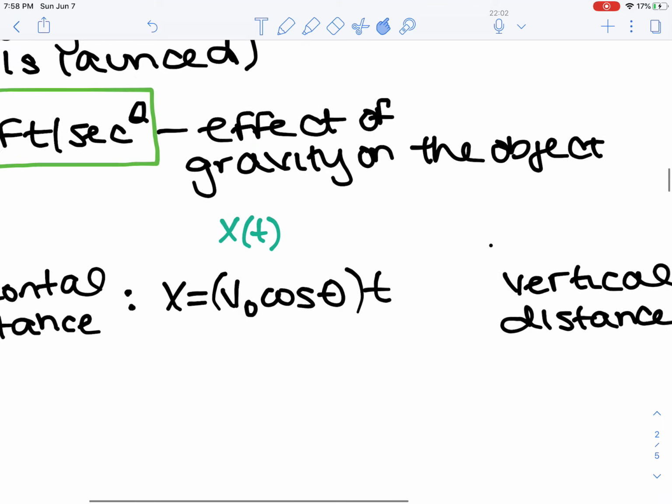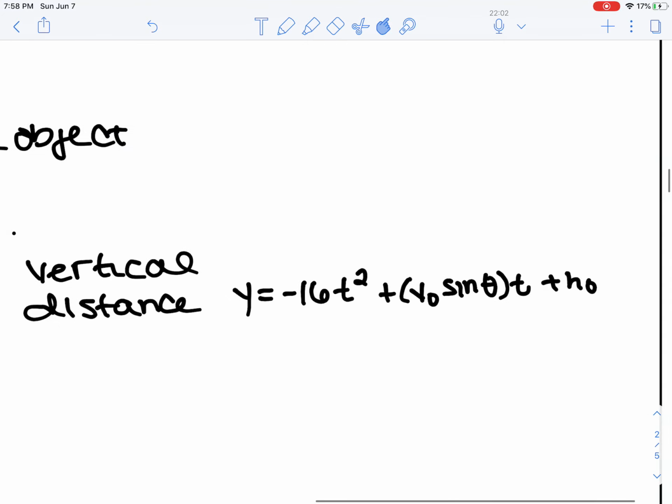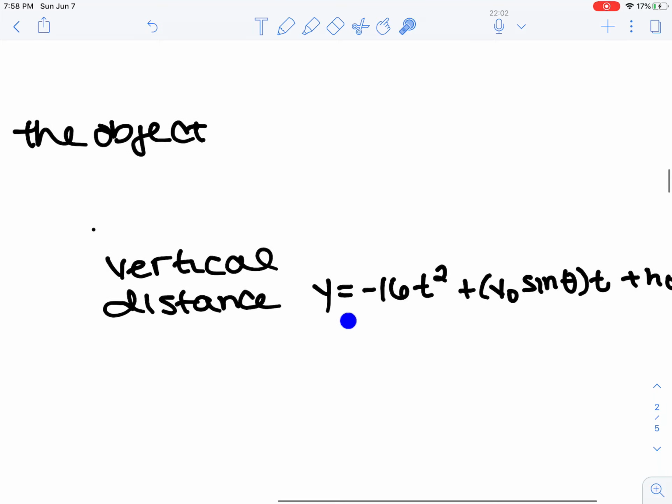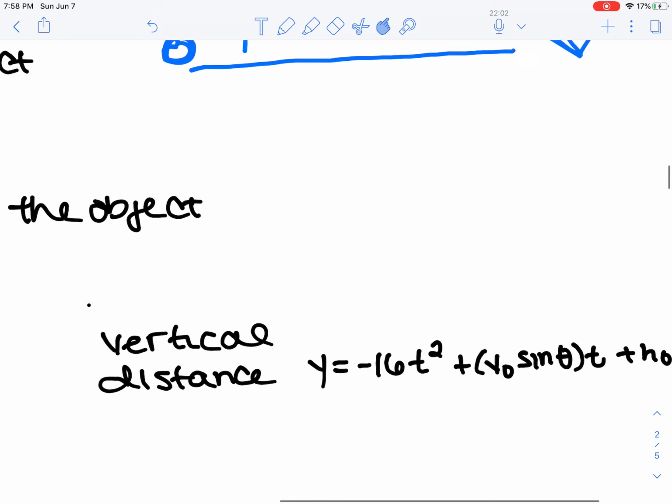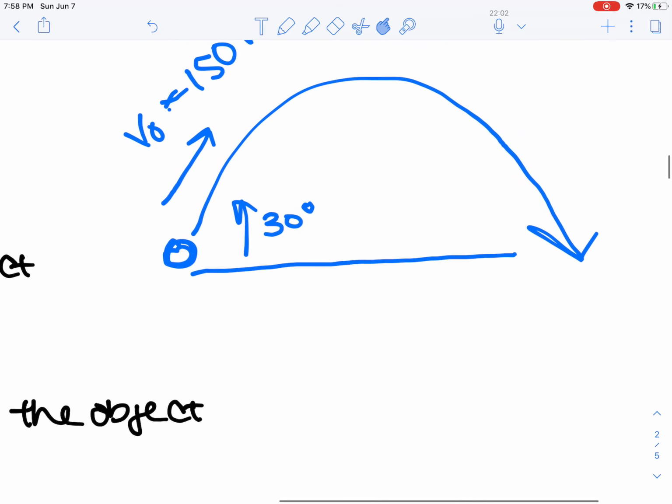Our vertical distance is defined using a y equals equation: negative 16t squared. Now I want to talk about this for a second. That negative 16 is the effect of gravity, and that t squared is giving us that parabolic shape. If you look back up to my little drawing, we have that negative parabola. The negative 16t squared is giving us this general shape.